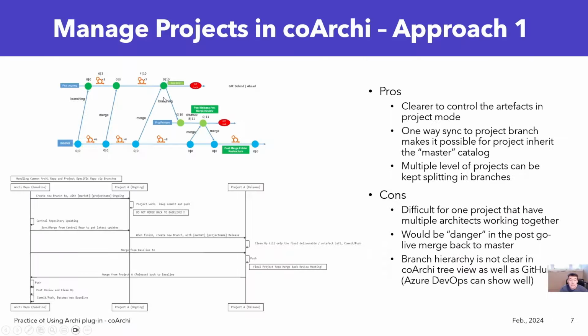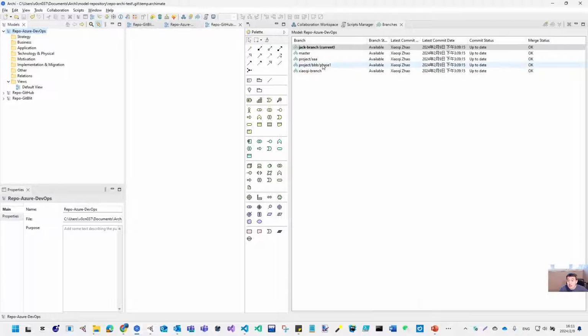Starting from this, we built some kind of branching and merging mechanism, because once your project A branch is ongoing, we only manage it so that it has one way to synchronize from the baseline branch. Baseline, we call it the phase one branch. So what we have done is, these are phase one, so we can call that the baseline.